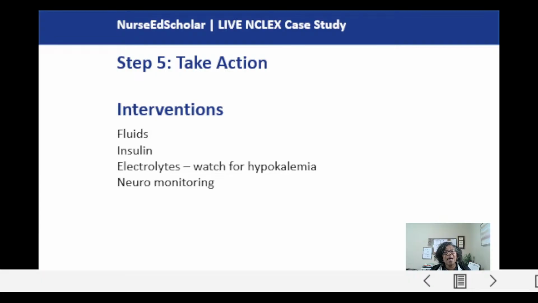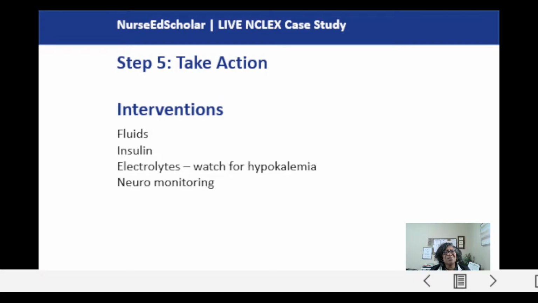You really need to be on top of those labs, especially if you know that you should be expecting to be viewing their labs because you know with this patient, that's going to affect their potassium. So every potassium, you're going to look for a trend and see how the potassium is shifting and see if you have to make a call to the provider. And then, of course, you're going to be checking neural status on your patient because, like I said, they were confused at the beginning of this scenario.